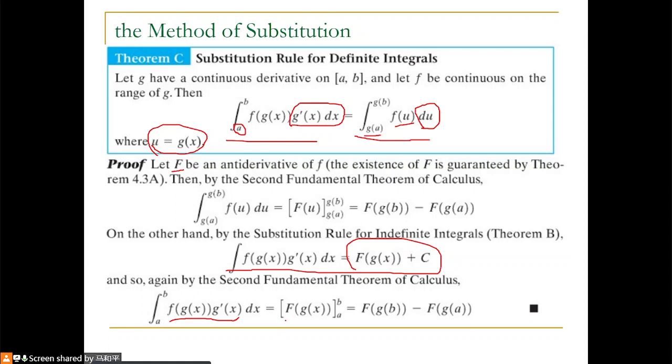So that by the second fundamental theorem of calculus it is equal to F(g(x)) evaluated from a to b. So it's equal to F(g(b)) minus F(g(a)). So this means we operate.